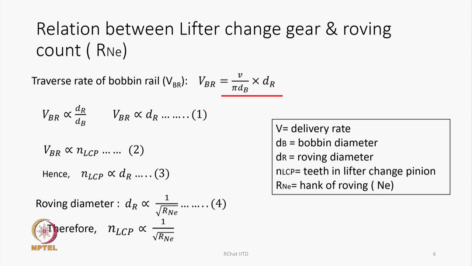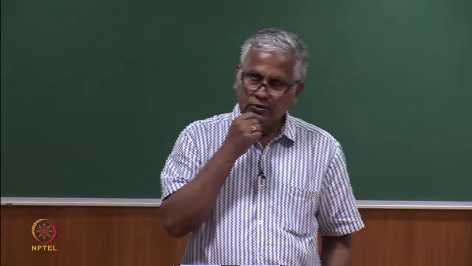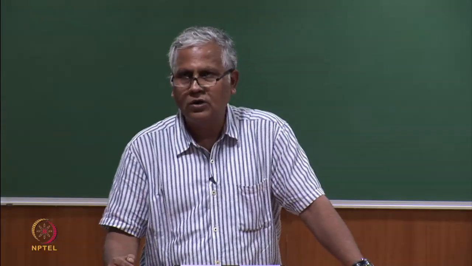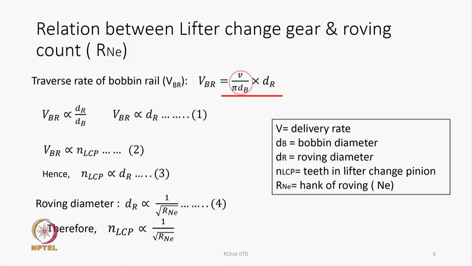So, delivery rate divided by pi dB, the bobbin circumference, actually represents how many coils I have to make per unit time, and that multiplied by dr, if dr is the roving diameter, gives the total length that the coils are going to cover. Therefore, that is exactly what has to be the traverse rate of the bobbin rail. So, VBR therefore becomes v by pi dB into dr.